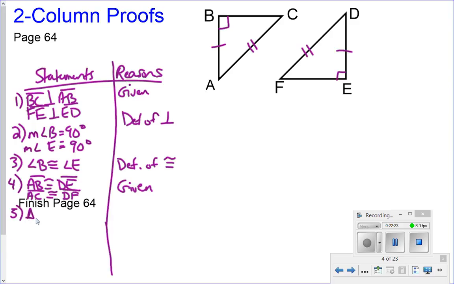Triangle ABC and triangle DEF are right triangles. And how do I know that? Because of the definition of right triangle.